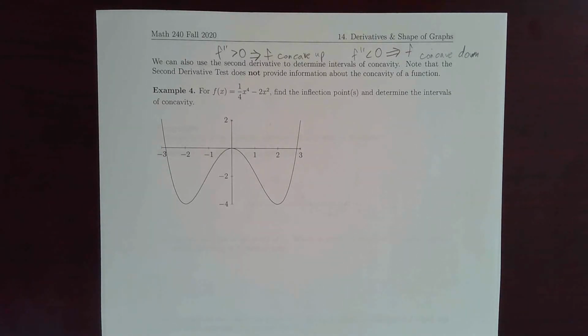So note that the second derivative test does not give us information about whether a function is concave up or concave down over a whole interval. It's really just telling us about a particular point.